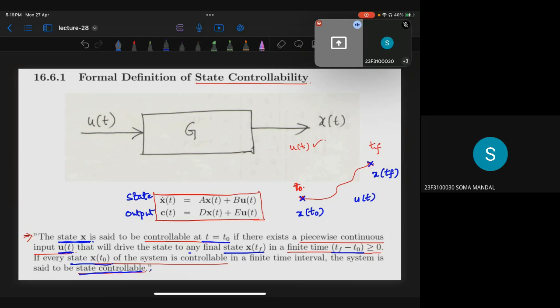If all the states are controllable, then we can say the system is state controllable. This is the meaning. Anyone having any query here? The definition.